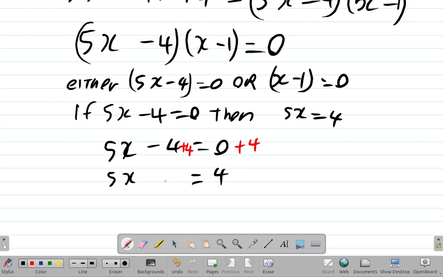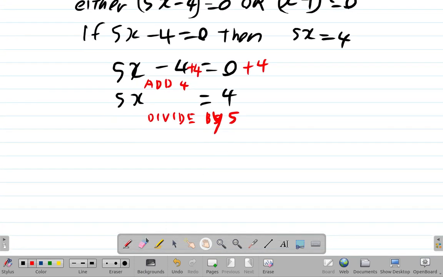If you want to reverse multiplication, you divide. Division is the inverse of multiplication. So you're going to divide by 5. Up here, what you did was you add 4 to both sides. You must do the same thing to both sides.